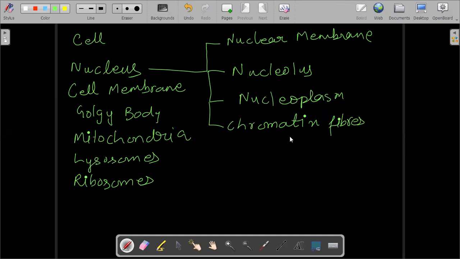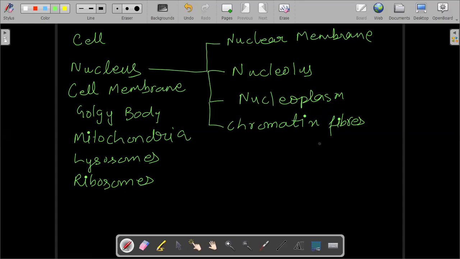The nuclear membrane has some tiny pores located in it. The tiny pores in the nuclear membrane are the places of exchange of material. If any material is to be exchanged with the cytoplasm, it is exchanged through the nuclear membrane. Now, I think you don't have any doubt about the nuclear membrane, nucleolus, and nucleoplasm.